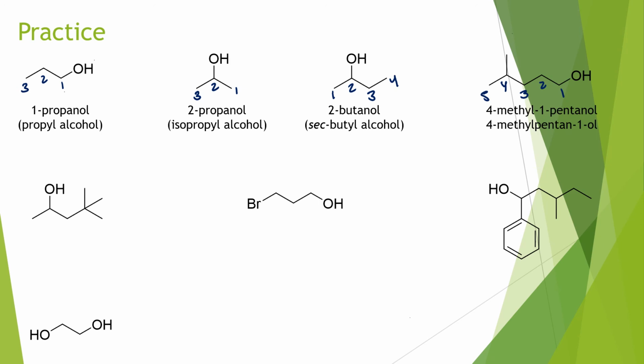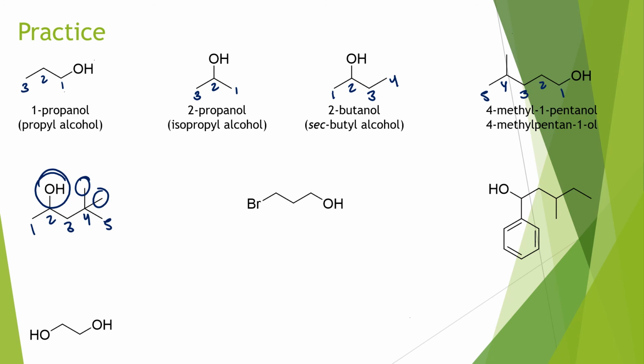Okay, let's name these. So, in this first one, remembering that we want to have the lowest number possible for the hydroxyl group, we're going to number from left to right. 1, 2, 3, 4, 5. So we have a pentanol here, and the hydroxyl group is on carbon number 2, and we have 2 methyl groups on carbon number 4.